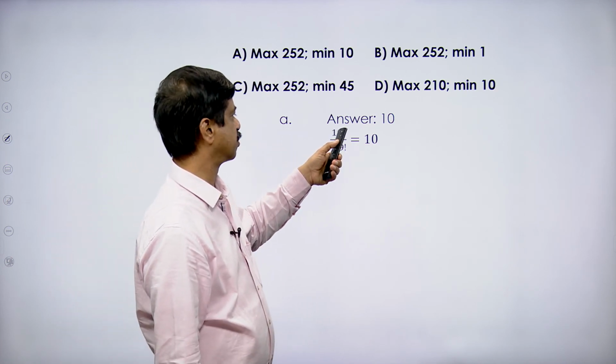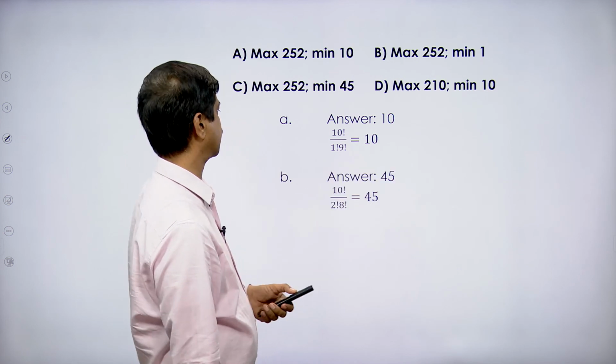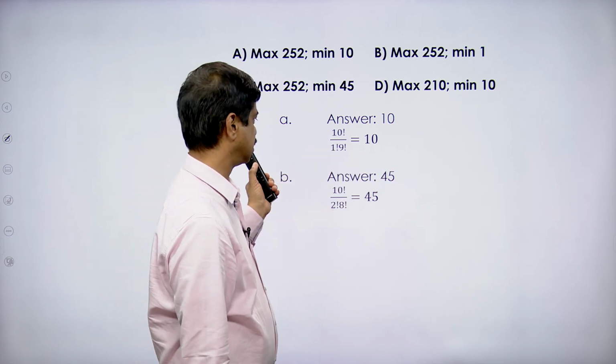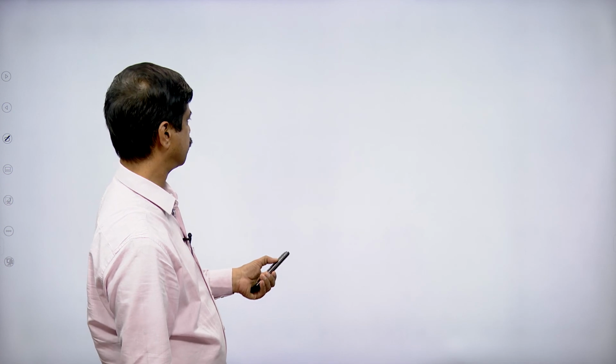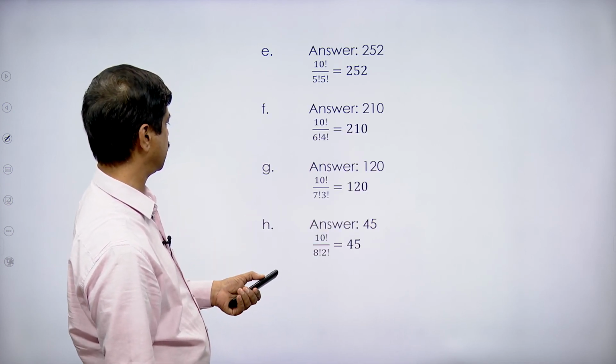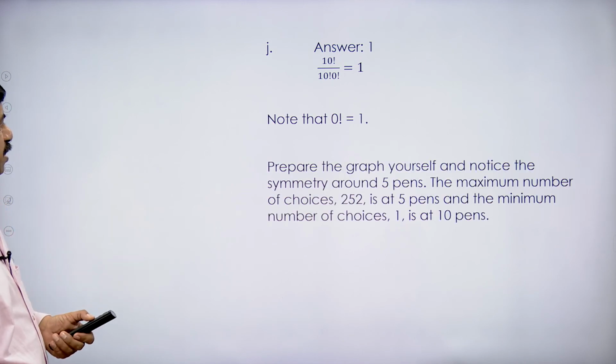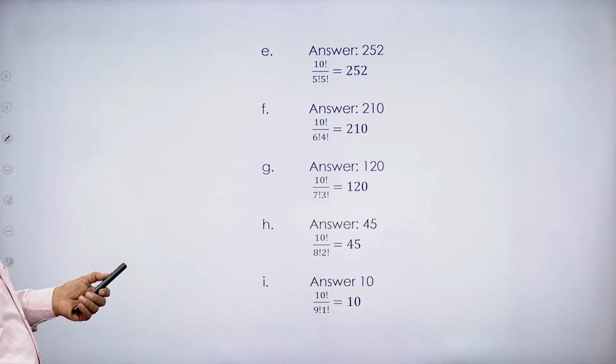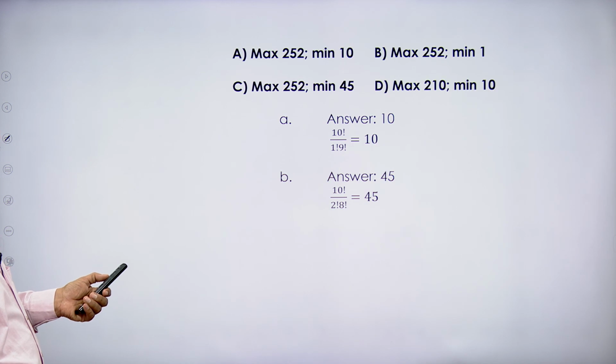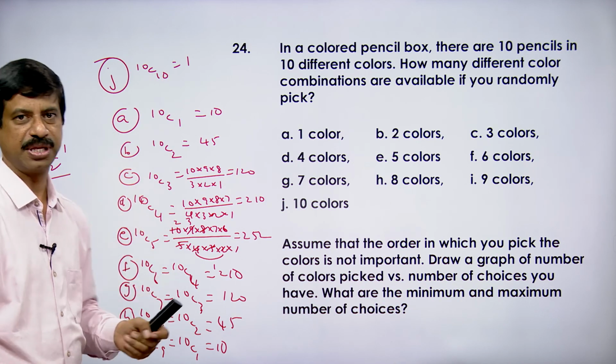So, it is 10 factorial by 1 factorial into 9 factorial. This is all we have done, children. Instead of doing it here, it is better you take that page 1 and you can answer it. Please note this page.